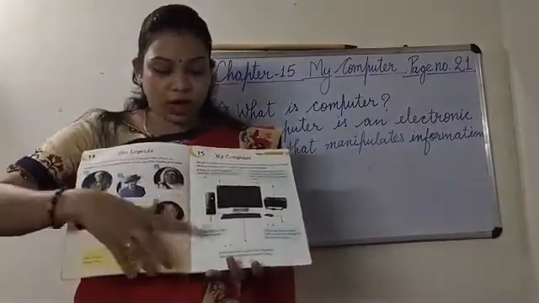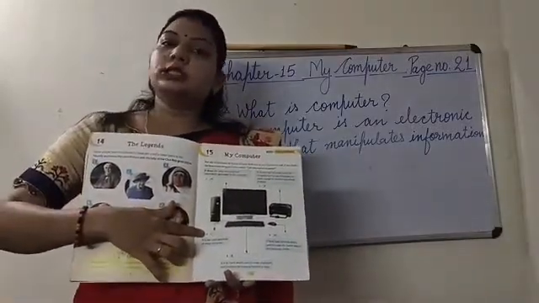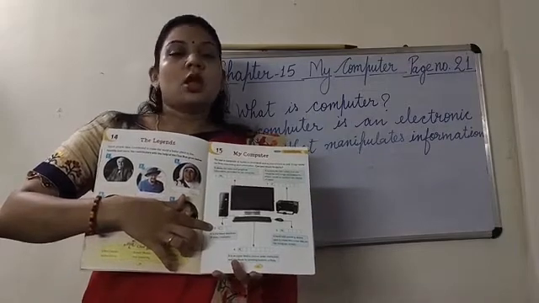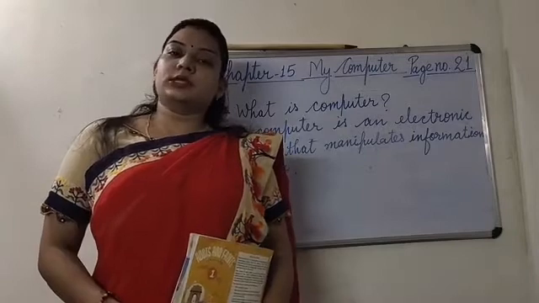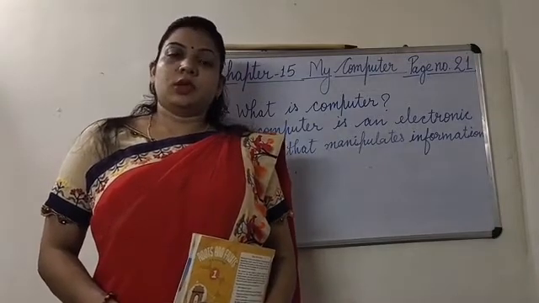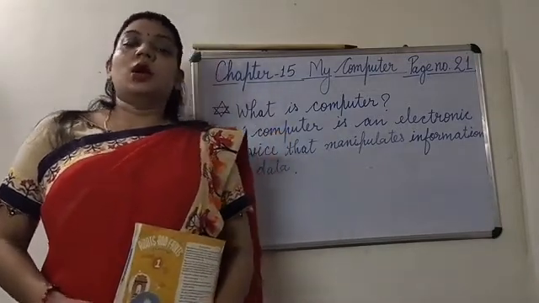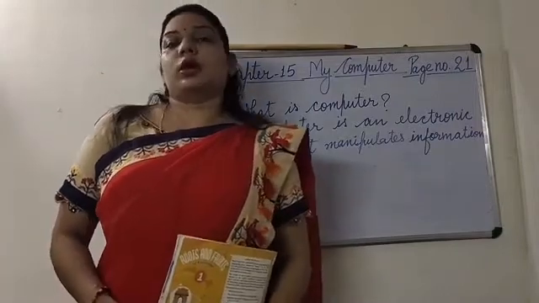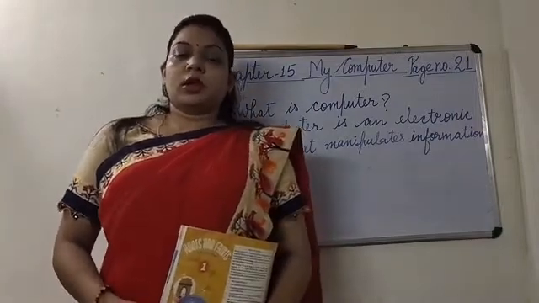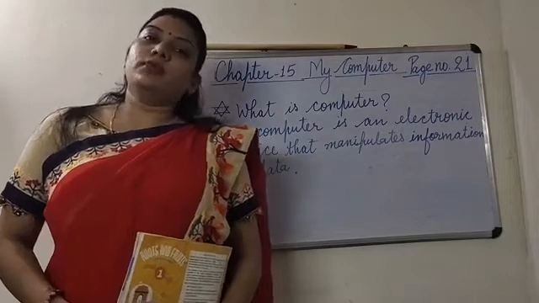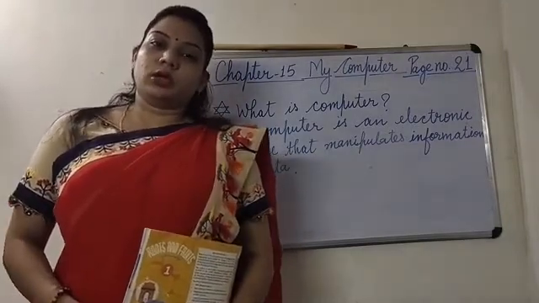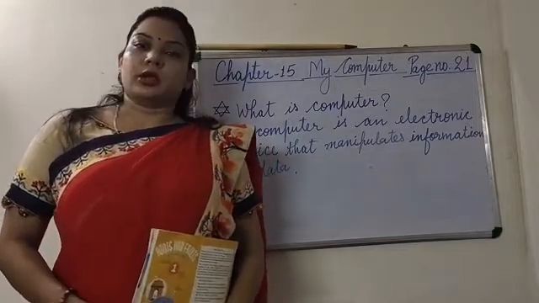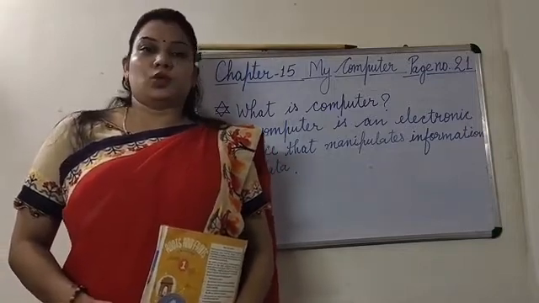Then we will talk about the CPU. What is CPU? The full form of CPU is Central Processing Unit. CPU is the heart and brain of the computer. As the human body cannot work without a brain, just like the human body, our computer cannot work without the CPU.